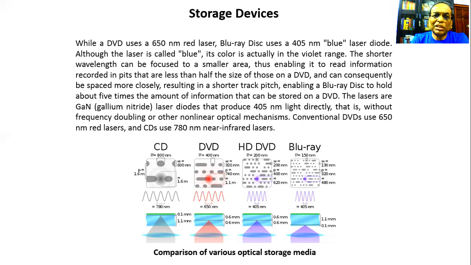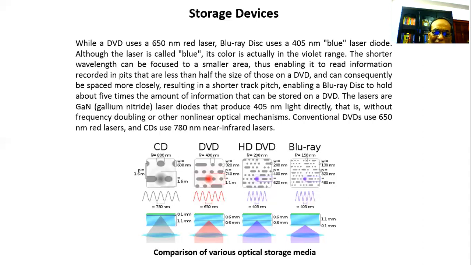So the laser wavelength is different for different types of recording. 780 nanometer is for the CD, 650 nanometer for DVD, 405 nanometer gallium nitride laser. So 4 different lasers are used.